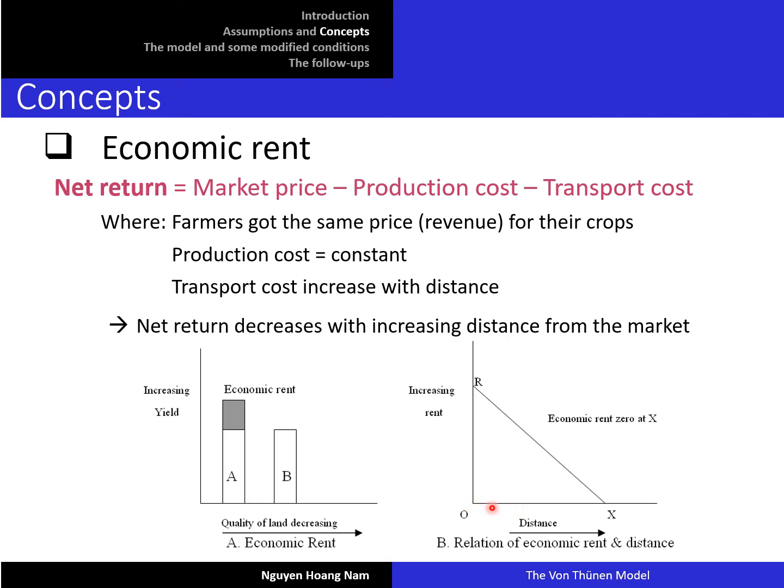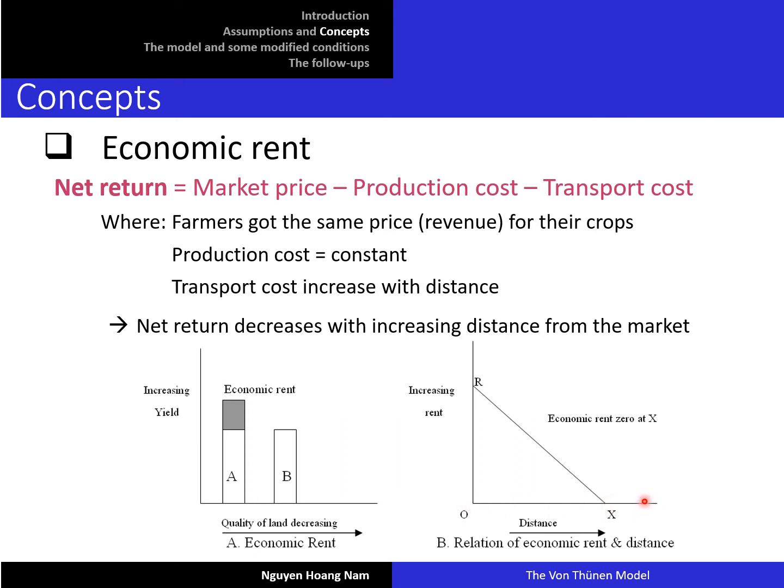If the distance is 0, then the rent will be here, the highest point possible. If the distance is here, then the rent will be only here, so it's like halfway. If the distance is here, the maximum distance, then the rent will be 0.